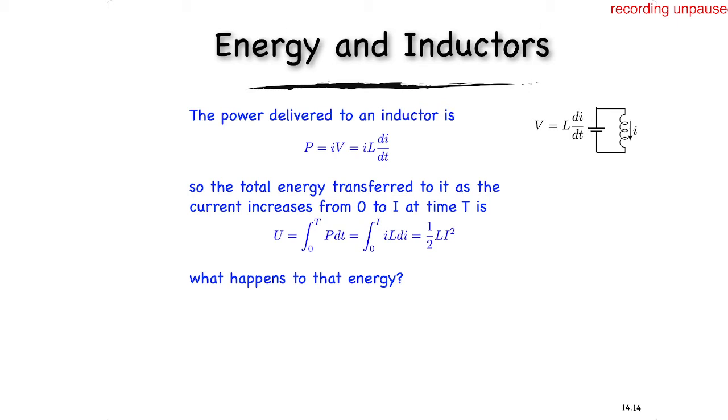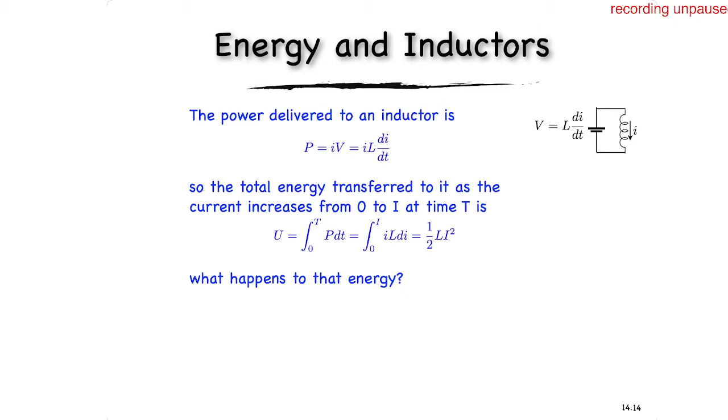The power delivered by some current, I, flowing across the inductor, produced by a voltage V in our circuit, is just going to be I times V. And the voltage across the inductor, we know, has a magnitude of L times di dt. That's sort of the definition of induction: a changing current produces an EMF.